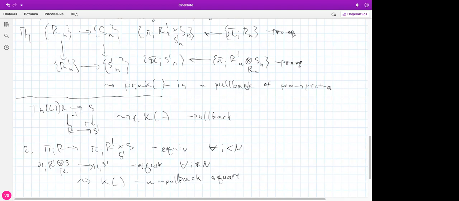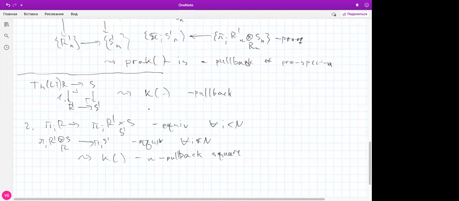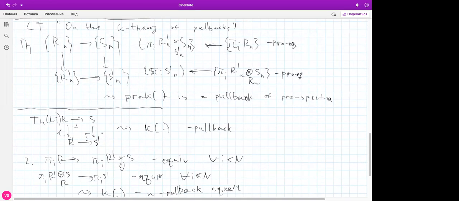Because if you think about this condition, it would tell you that if you do appropriate truncations, you can replace your square by pro-objects. Well, the point is that this condition is somehow weak.